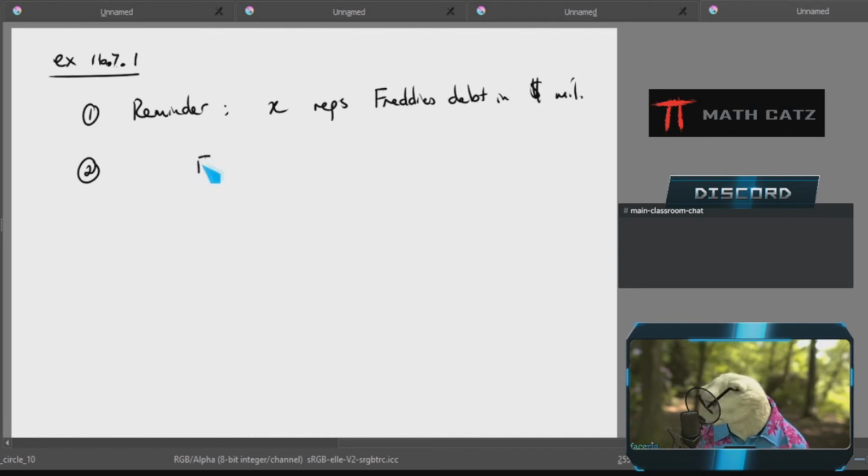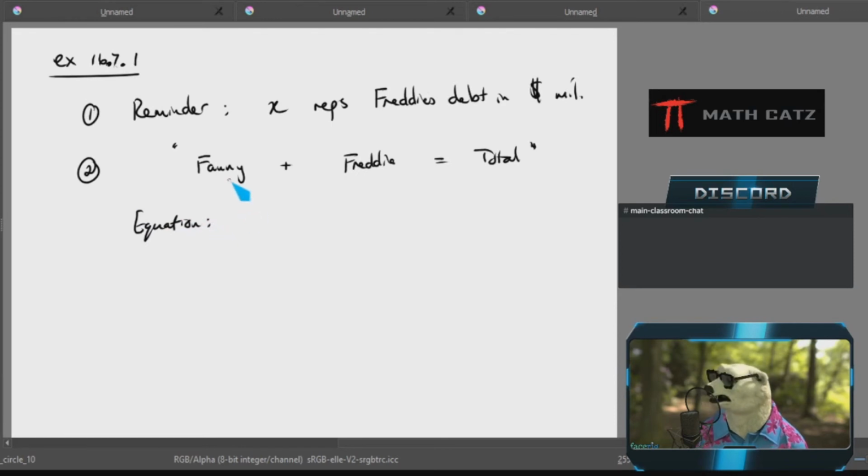Say to yourself, I'm going to have Fannie's plus Freddie's debt, and that's going to give me the total. I'm doing this for myself. Read it if you want to, but it's not for you to read. It helps me. So I now have my equation here.